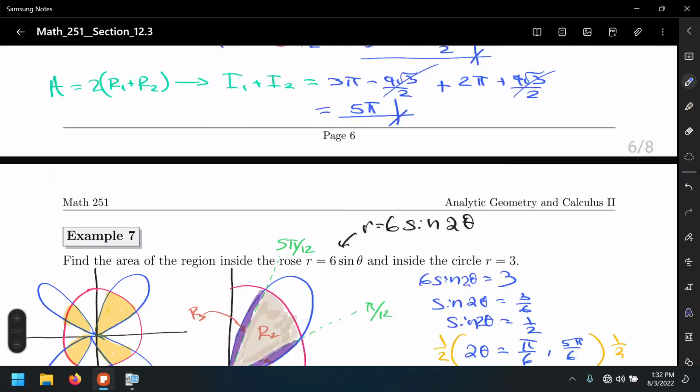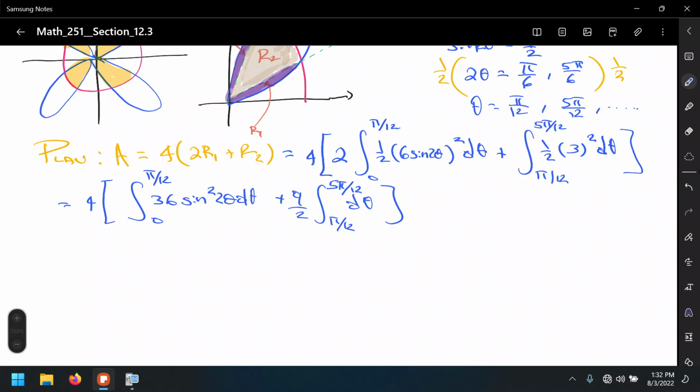And then, yes, let's simplify this. 4 times 36, oh, big number. 36 times 2 is 72, 72 times 2 is 144, I think. So that's 144 times the integral from 0 to pi over 12 of sine squared of theta, d theta.